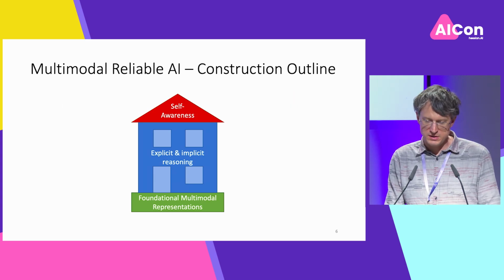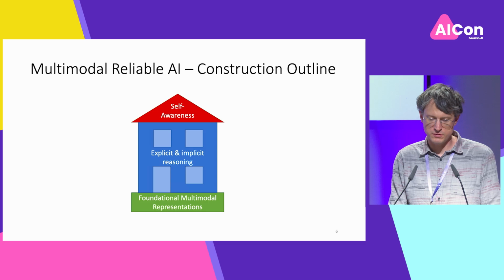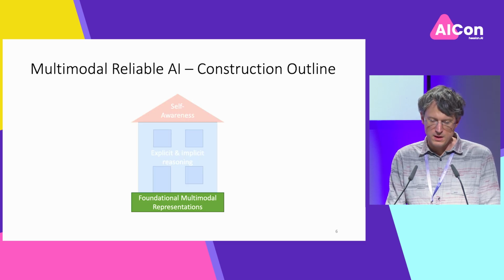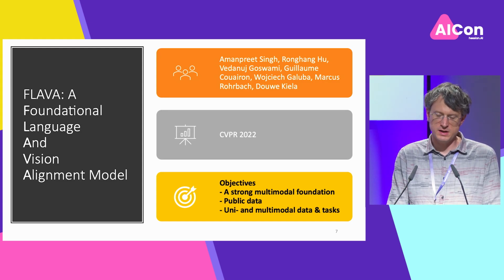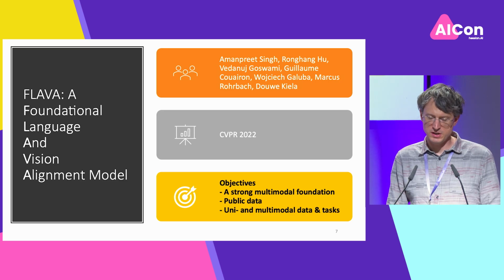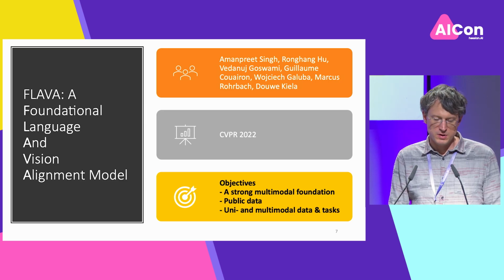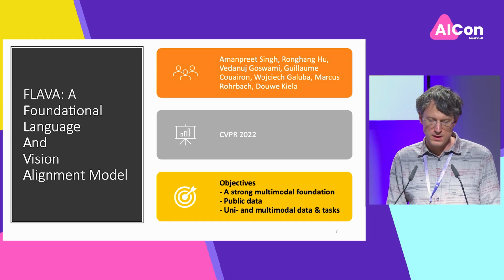So let's first look at the multimodal representations, which form the foundation of this house of reliable models. Here, we looked at a model called FLAVA, and our objectives are a strong multimodal foundation using just public data, and being able to do unimodal and multimodal tasks.